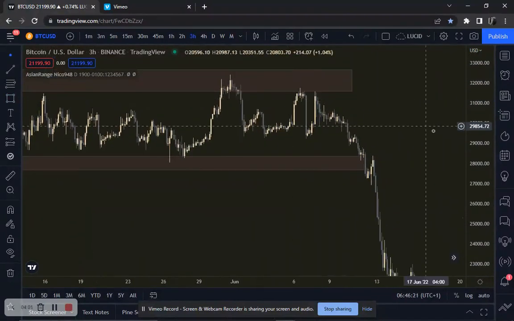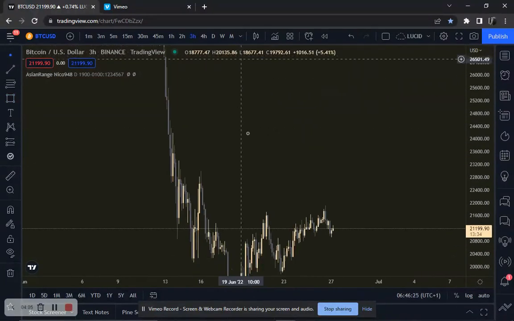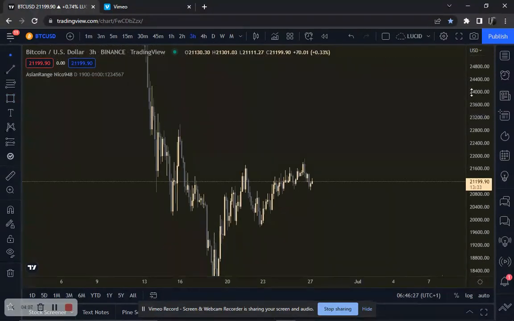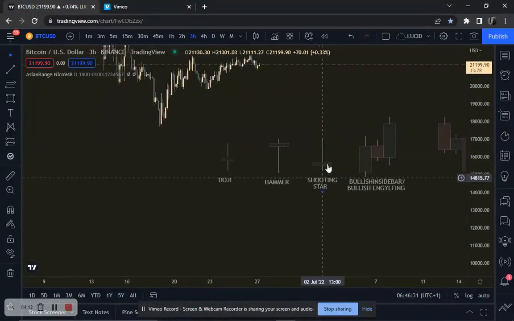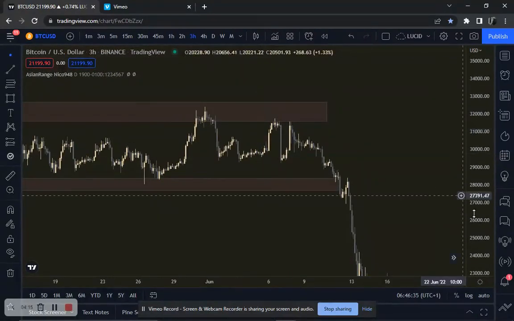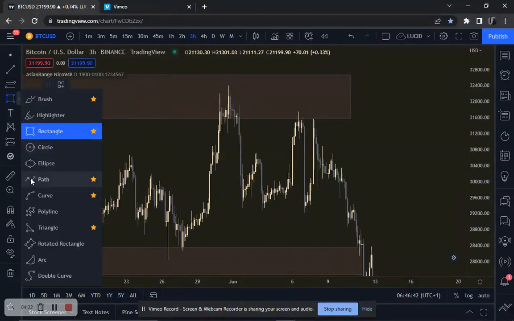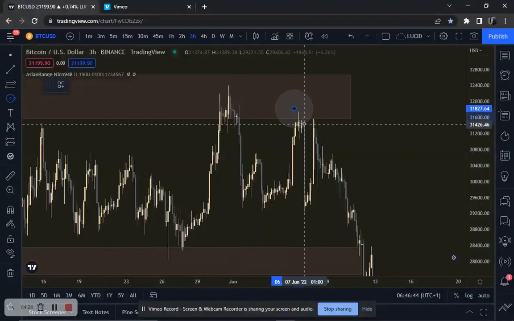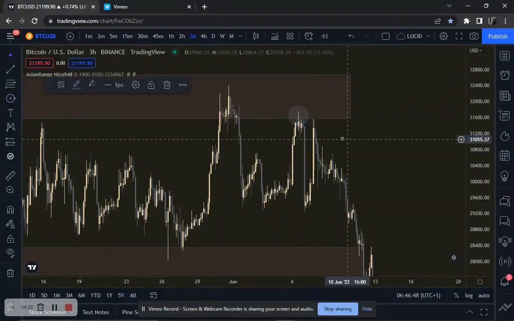So let's take a look at here. You see this hammer right here, this shooting star. What did we get? We got a shooting star here, and after the shooting star, what did the price do? Price dropped, right? We got the shooting star right here.